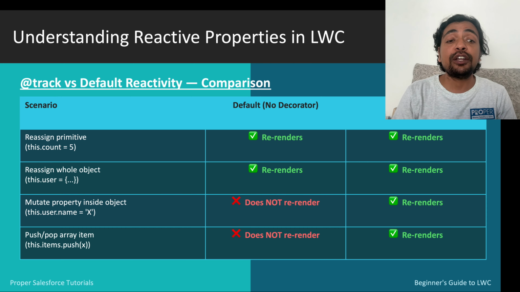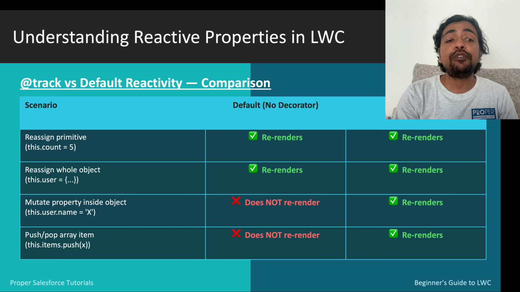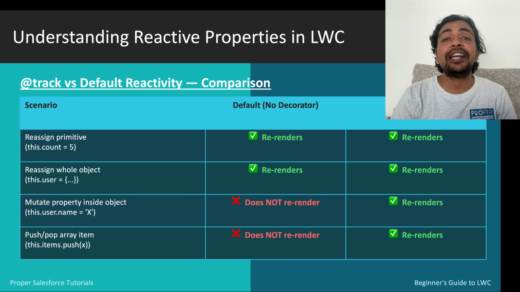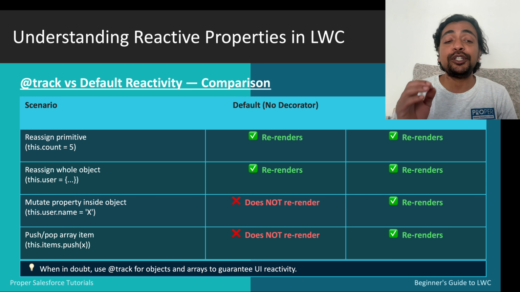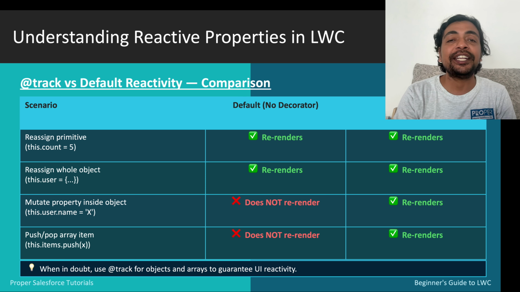But if you are mutating a property, just like we did with the user role, or if you are pushing and popping to an array, they will not work with no decorator. The value over there might change, but re-rendering will not happen. So for such scenarios, the @track decorator is required. And of course, when you are in doubt, use @track for objects and arrays to guarantee UI reactivity.